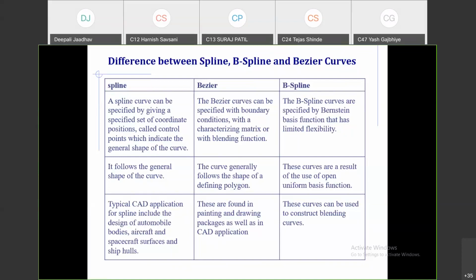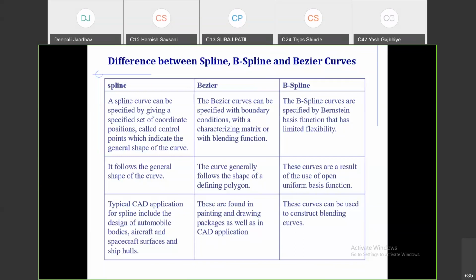Second, they both have n plus 1 control points. Then they follow the shape of the convex hull. They pass through the first and last control points compulsorily. So these are some similarities.